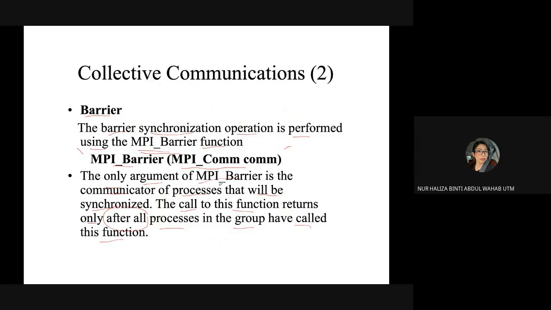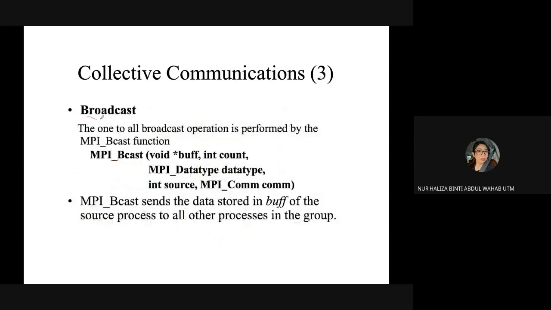For broadcast, the one-to-all broadcast operation is performed by the MPI bcast function. This is an example of how you can apply it. MPI bcast sends the data stored in the buffer of the source process to all other processes in the group.